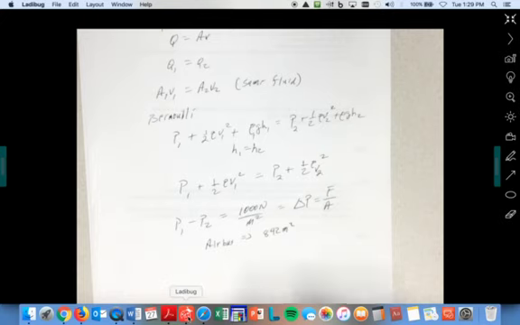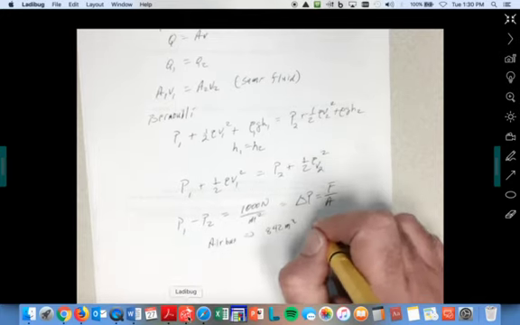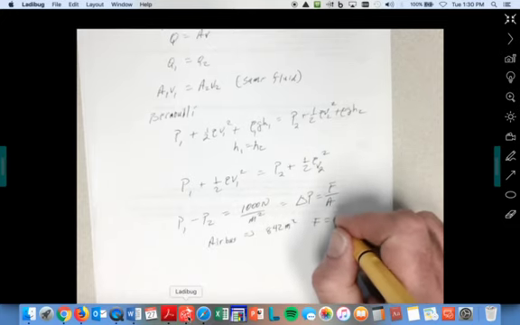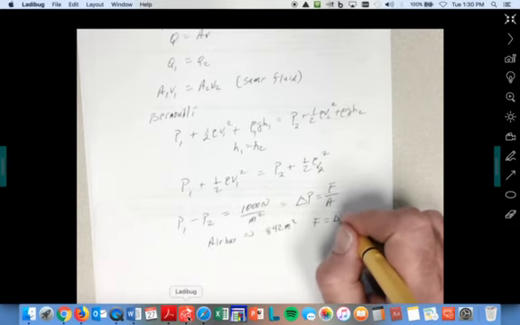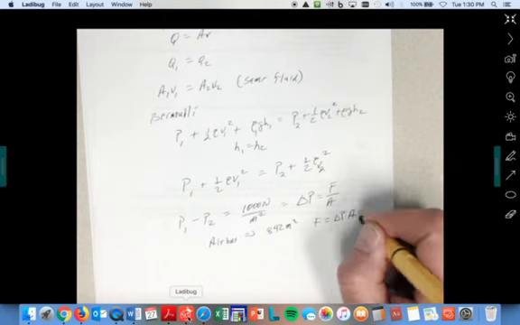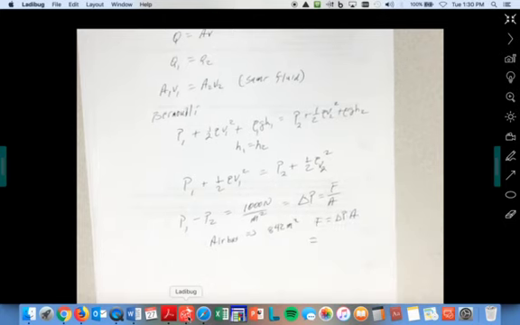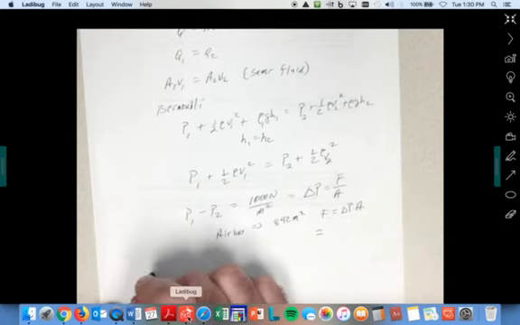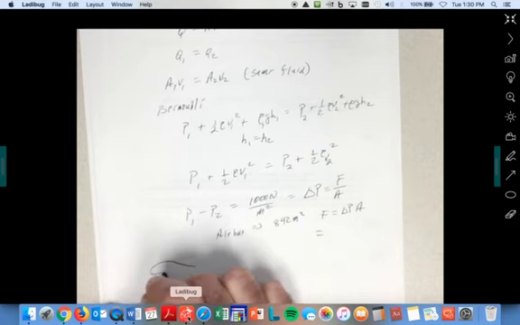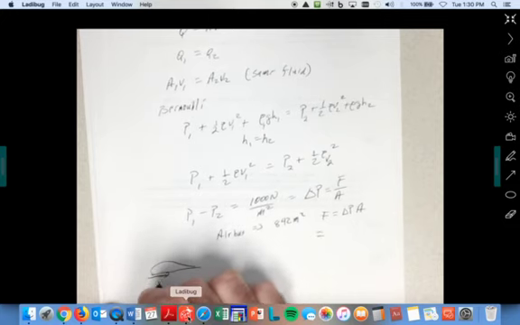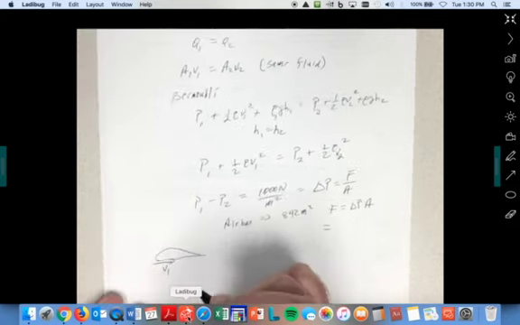So this is going to be 1,000, and here's what we do. The force is going to equal change in P times A. The pressure differential, because what's going on? V1 is going underneath, it's going slow.